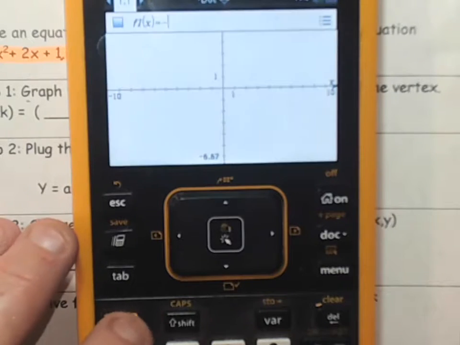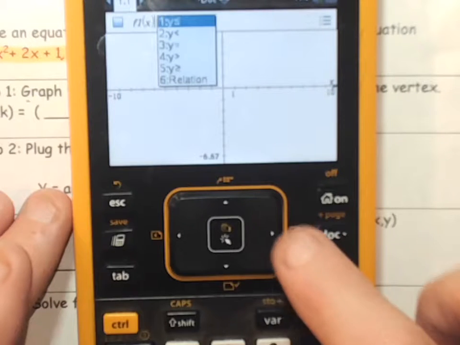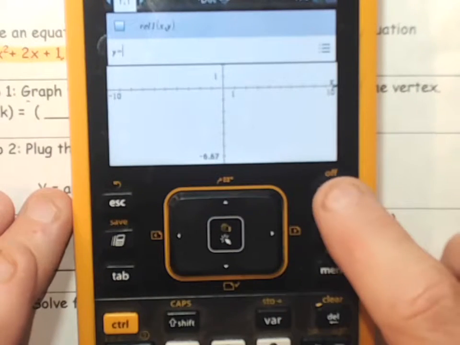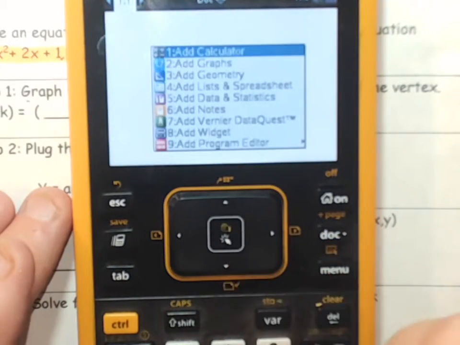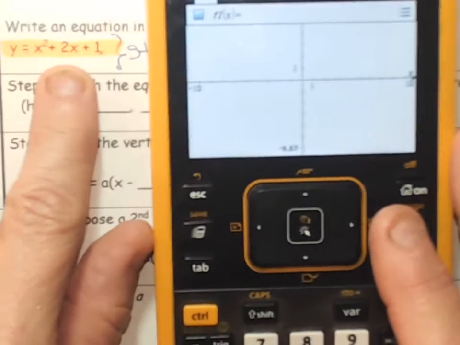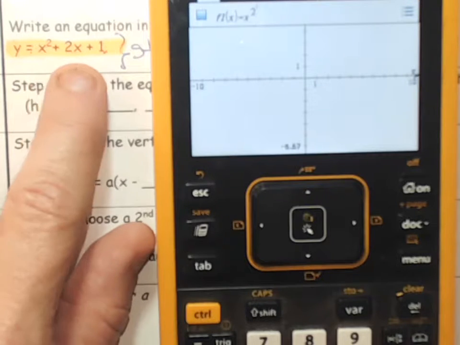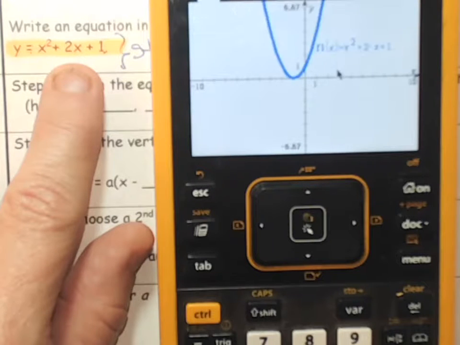Sorry guys, having a little difficulty here. We're going to add graph, and type in our equation exactly the way it looks: x squared plus 2x plus 1, and hit enter.